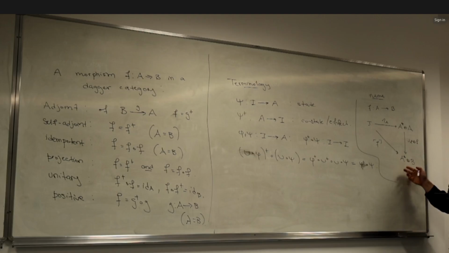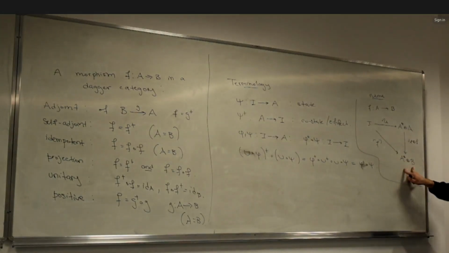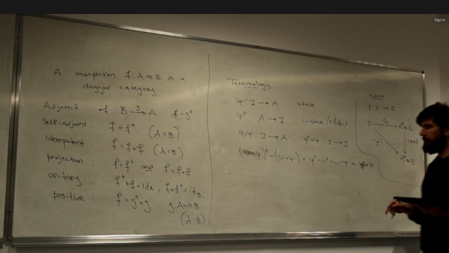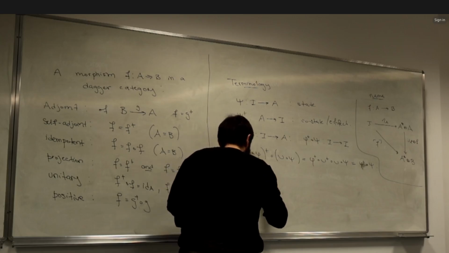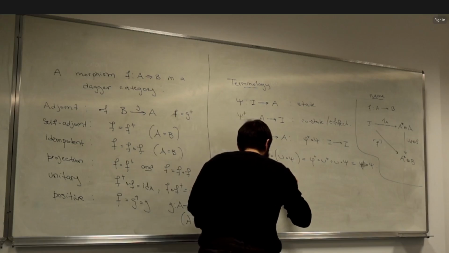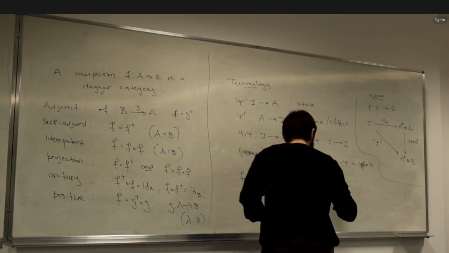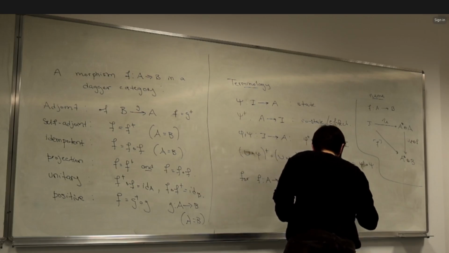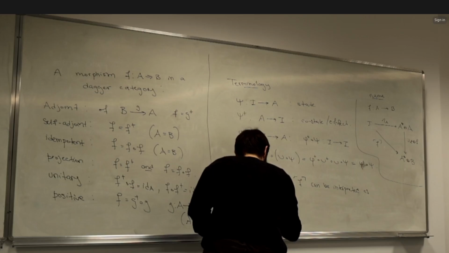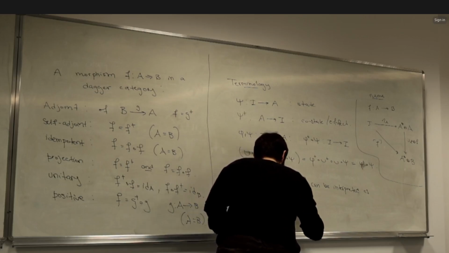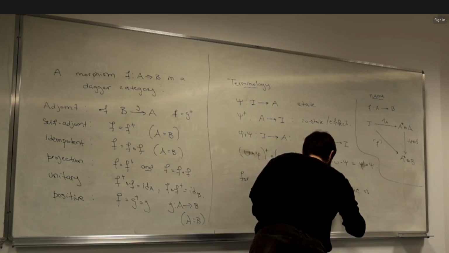They interpret this as the preparation of a Bell state or an entangled state. So for F A to B, Bell.